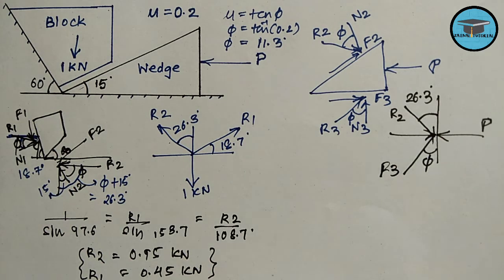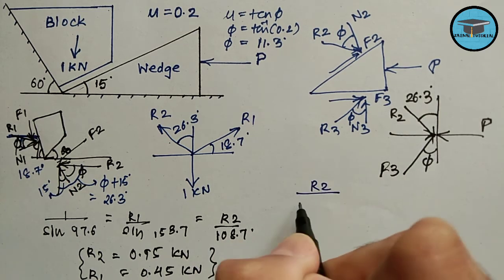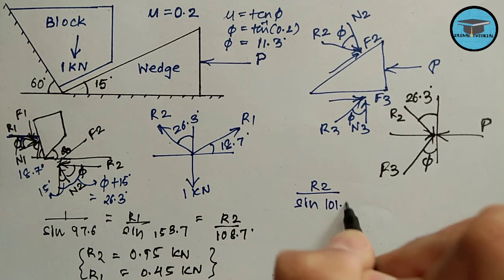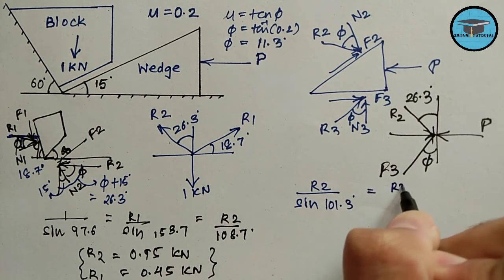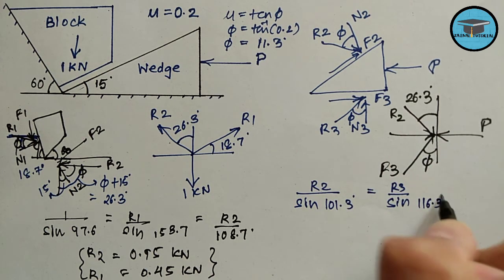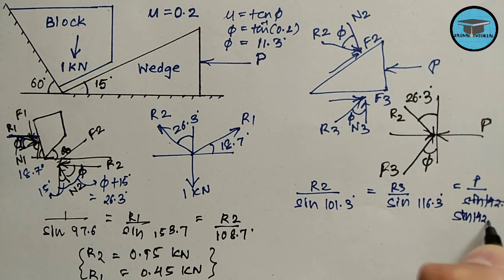So now we will be applying the Lami's principle, as the three forces are concurrent in nature. So we are applying the Lami's principle to determine the unknown P. So R2 divided by sine of angle between these two forces, that is nothing but 101.3 degree, that is equals to R3 divided by sine of angle between these two forces, that is 116.3 degree, and that is equals to P divided by sine of angle between these two forces, that is sine of 142.4 degree.